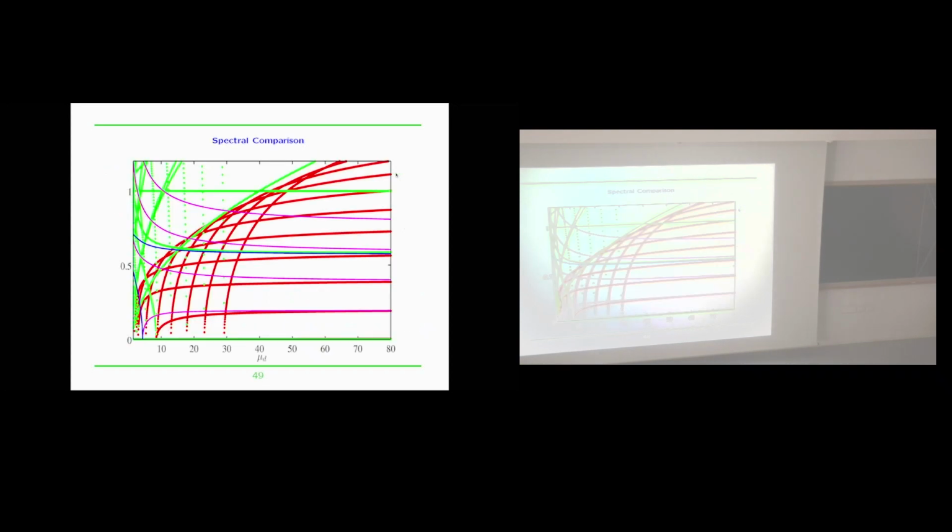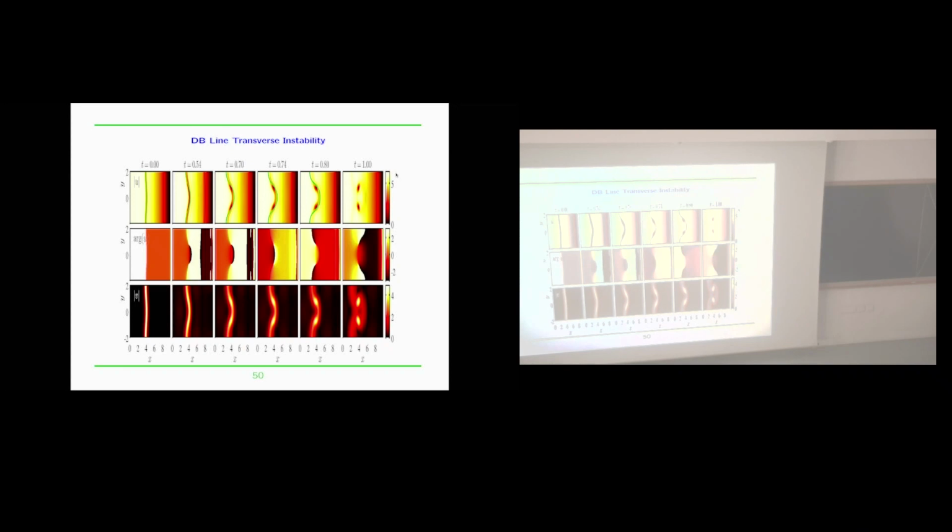Okay, so that's what I was hoping to show you, and this analysis matches very well with the numerics. And here is an example of this dynamics. The dark-bright soliton line starts bending and starts breaking, and when it breaks it produces vortices in this component, coupled to bright solitons in the other component. So it presents new states in its own right: the vortex-bright soliton pair.